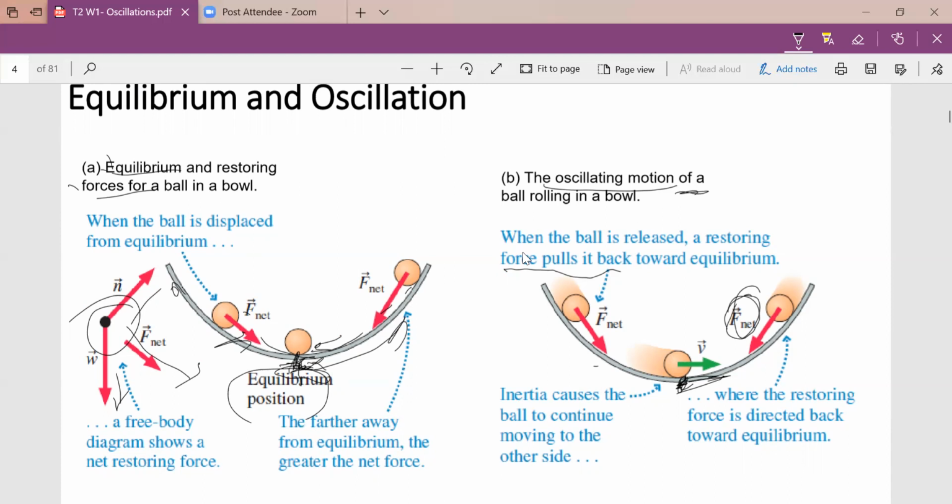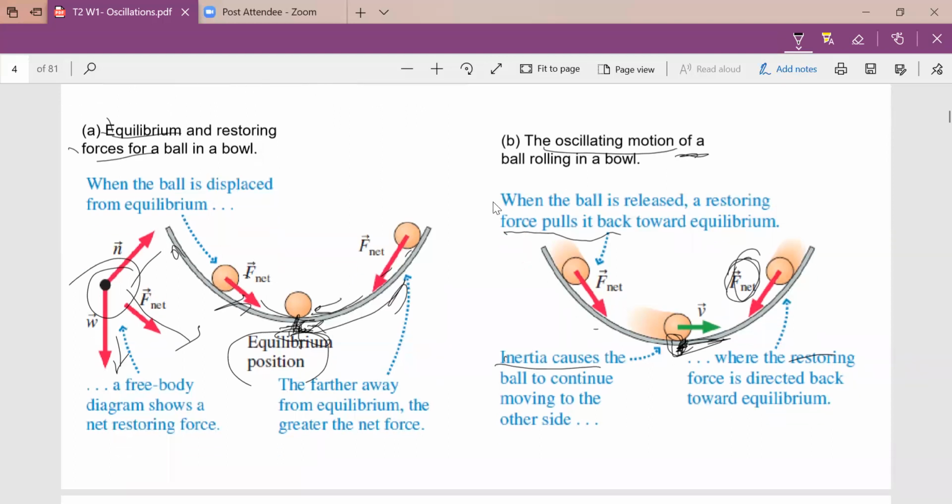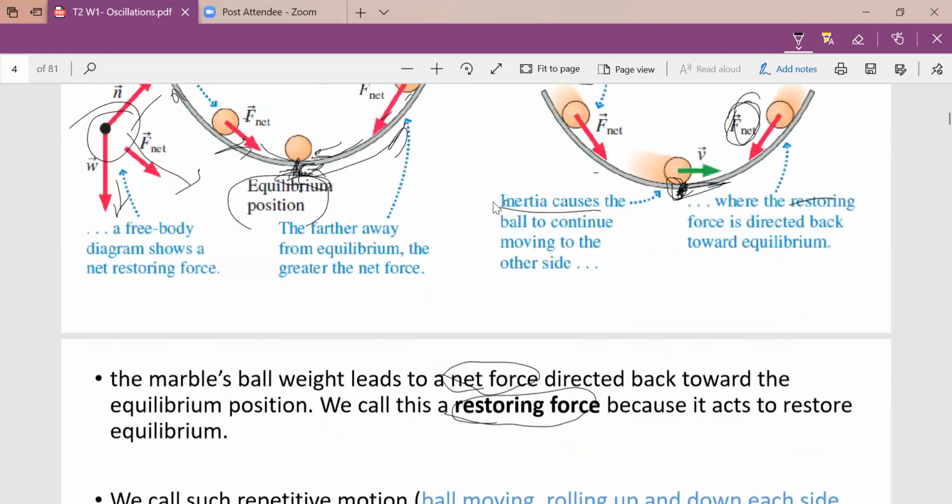And we said that when it gets to this position, the force of inertia causes it to go beyond the equilibrium position. And then the net force again acts on it, making that ball roll endlessly in the bowl. Okay, and the kind of motion is going back and forth. And that kind of motion is what we describe as oscillation or oscillating motion.